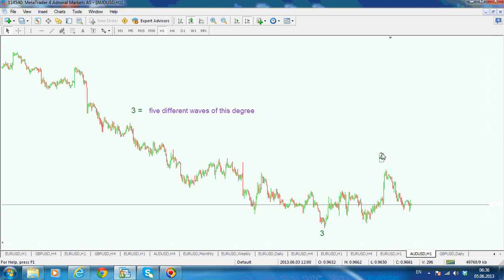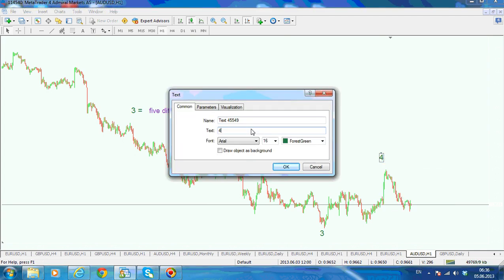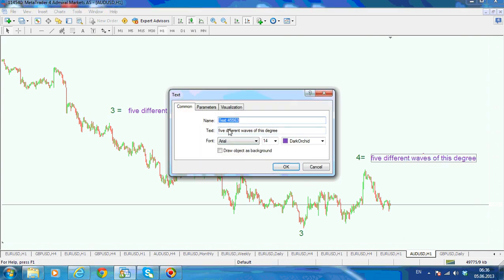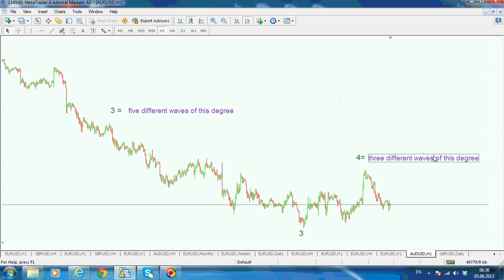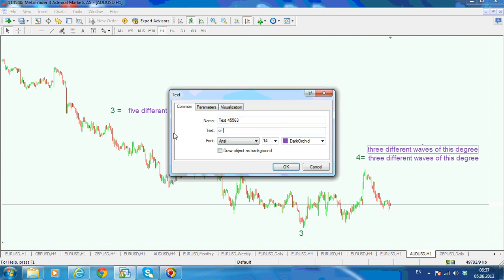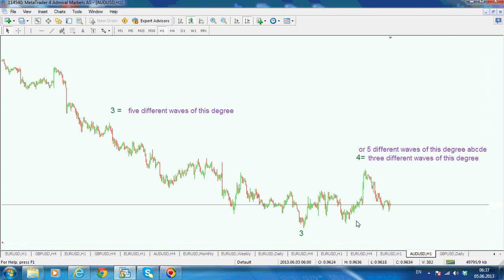Then you are looking for this fourth wave to be equal, okay, with either three different waves of this degree, or if it is a contracting triangle, 5 different waves of this degree, A, B, C, D, E, because it might just be a contracting triangle.